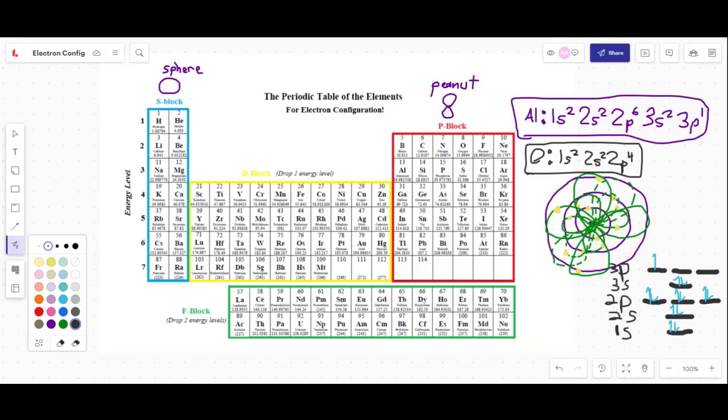Each square represents a place for one electron. Exactly. And it stops at 1s2 because there's nothing else in the first row. And 2s2 because there's only 2 in the second row, on the left side of the second row.